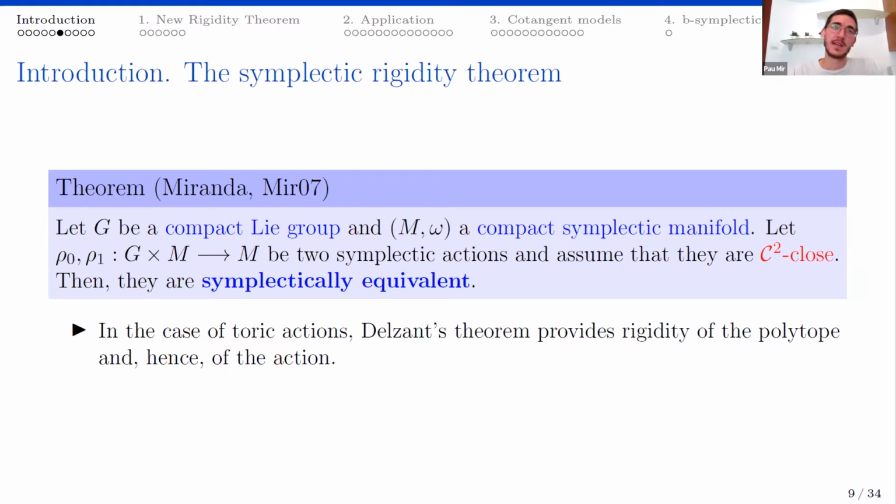But this is a more general situation, because this theorem does not require that the action is toric. So this goes a little further than the classical theorem in the aspect of rigidity, not in other aspects.